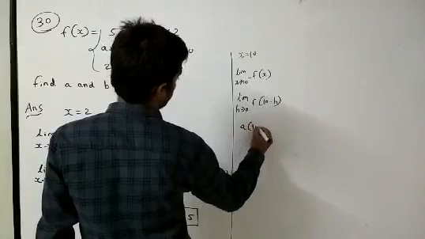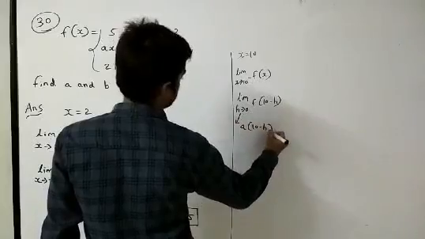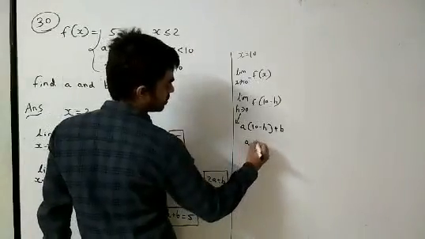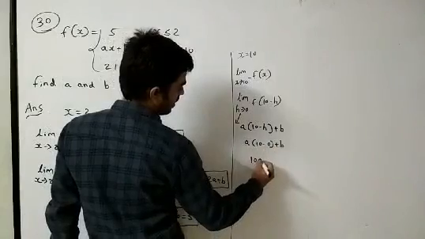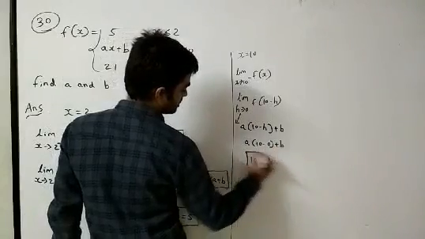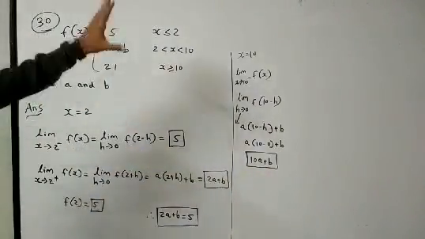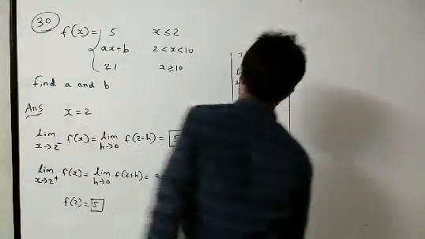So a into (10 − h), and the limit stays as it is. Now we put h equal to 0. So a into (10 − 0) plus b, 10a + b. Right? So the left hand limit we have got is 10a + b.